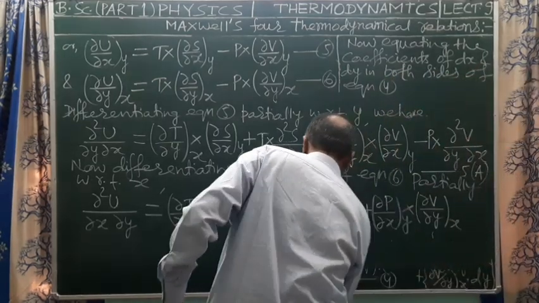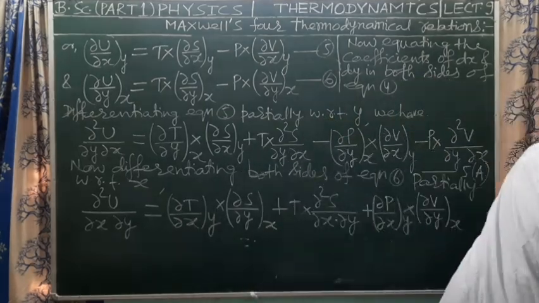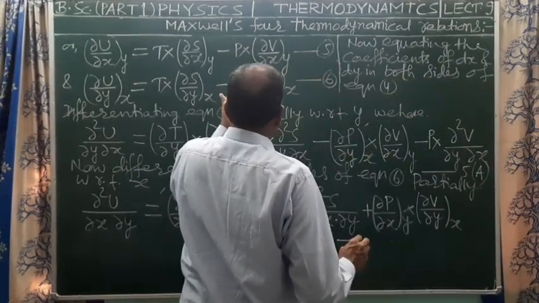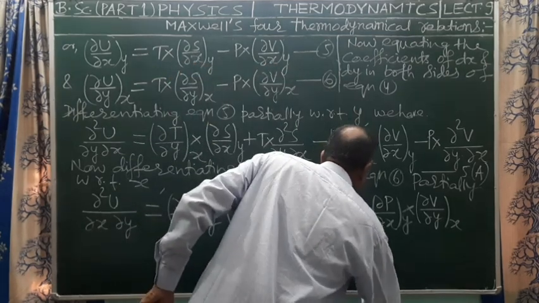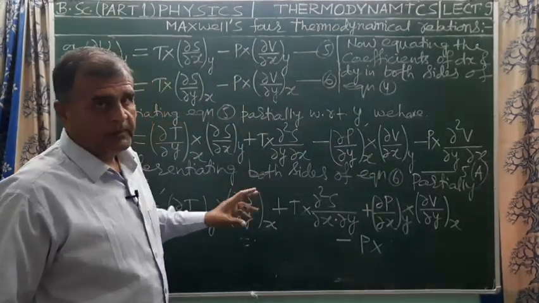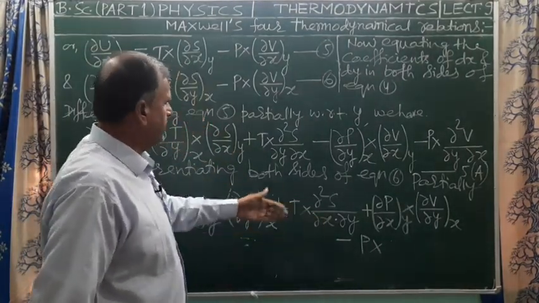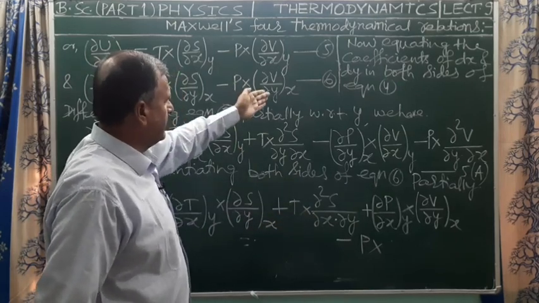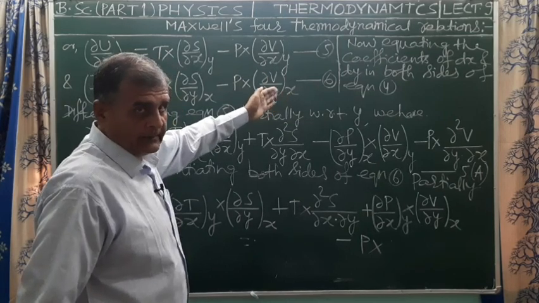The next term is माइनस प्लस माइनस माइनस प्लस होगा, लेकिन माइनस आगे में प्रेजेंट है इसलिए माइनस. Now keeping p, that is first term of LHS of equation 6, as constant by using the differentiation rule of differentiation of product of two variables. So p remains constant in the next term, so it is minus p multiplied by, now differentiating second term del v upon del y at constant x with respect to x.